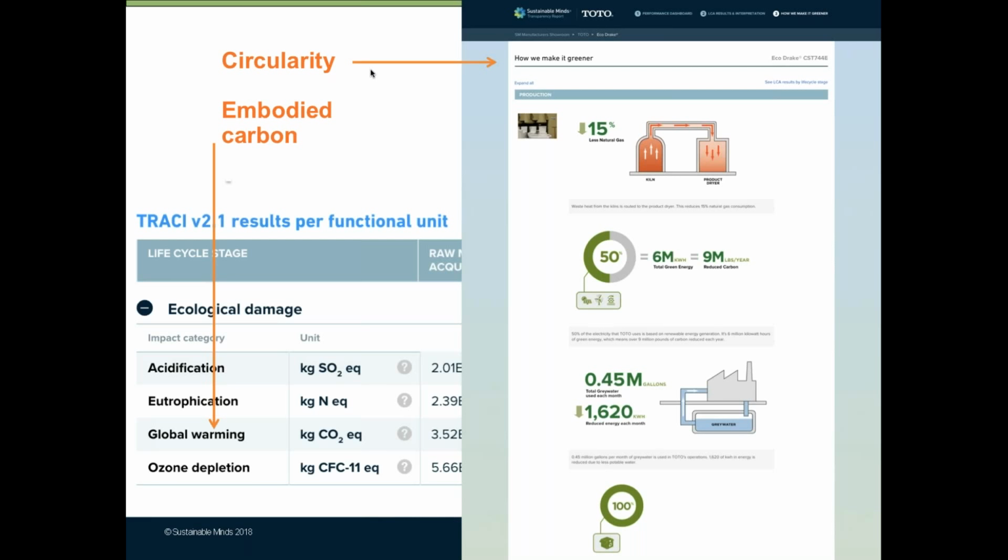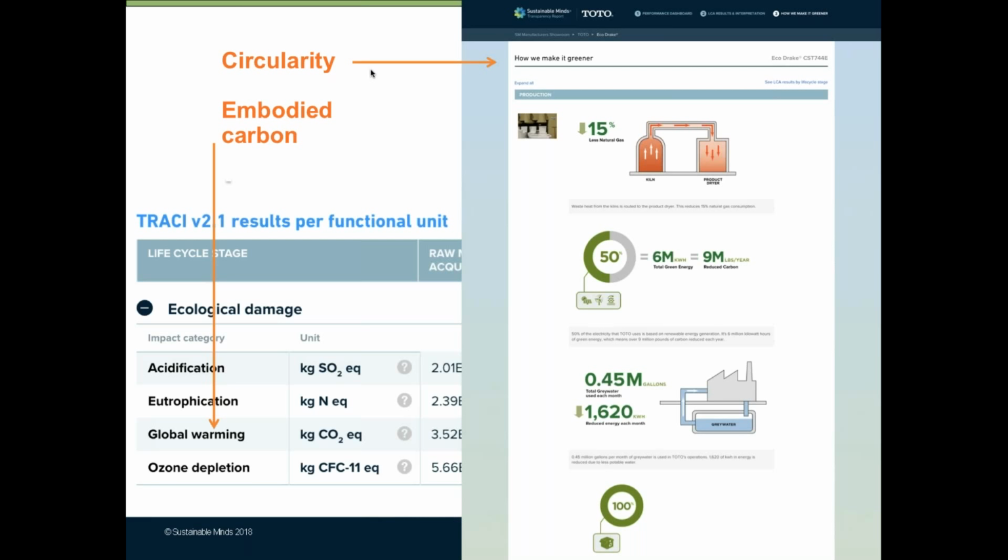So circularity refers to strategies that manufacturers use, like recycled content, take-back programs, things that repurpose and reuse from cradle to cradle to drive performance improvements. But what an LCA does is it takes the energy flows and the waste flows inside a manufacturing organization and interprets what the manufacturer is doing into environmental impacts.